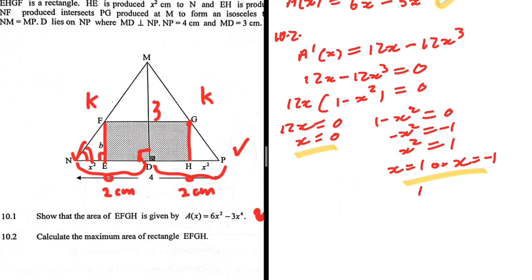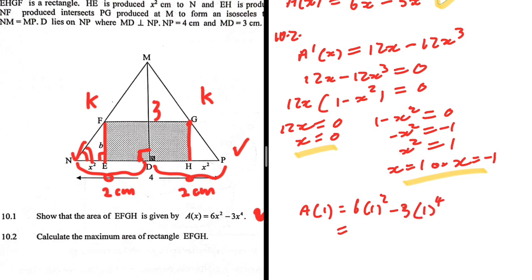Let's substitute x is equal to 1, which will give us the same answer as x is equal to minus 1. So when x is 1, 6 times 1 squared minus 3 times 1 to the power 4.